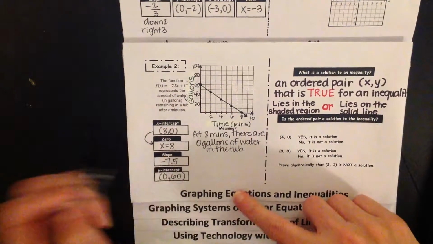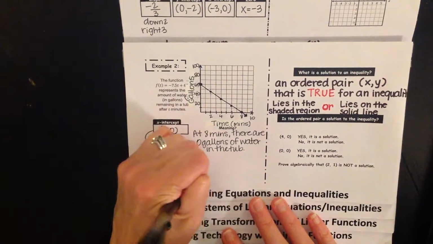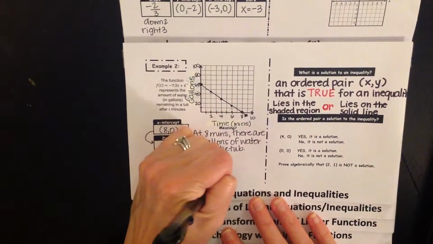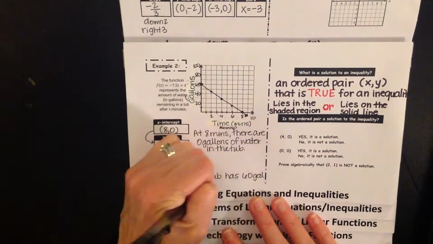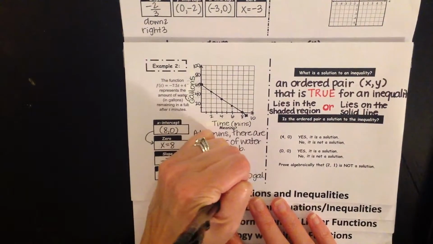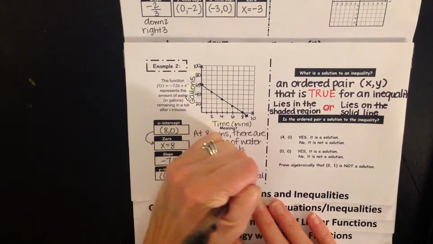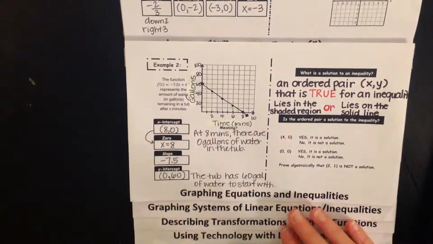Okay, y-intercept, so the tub has 60 gallons of water to start with. You could say initially the tub has 60 gallons of water.